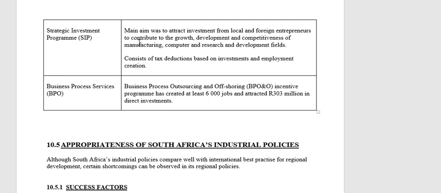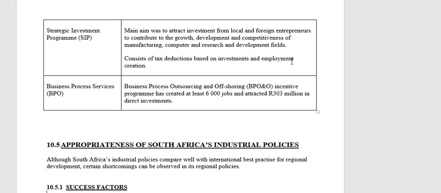So basically what the SIP program is, it consists of a tax deduction. All right, so they are allowed to pay less taxes than what they normally would have to pay. All right, so they basically get tax rebates based on the amount of the investment and the amount of jobs that they create. Obviously, the bigger their investment, the bigger the tax deduction.